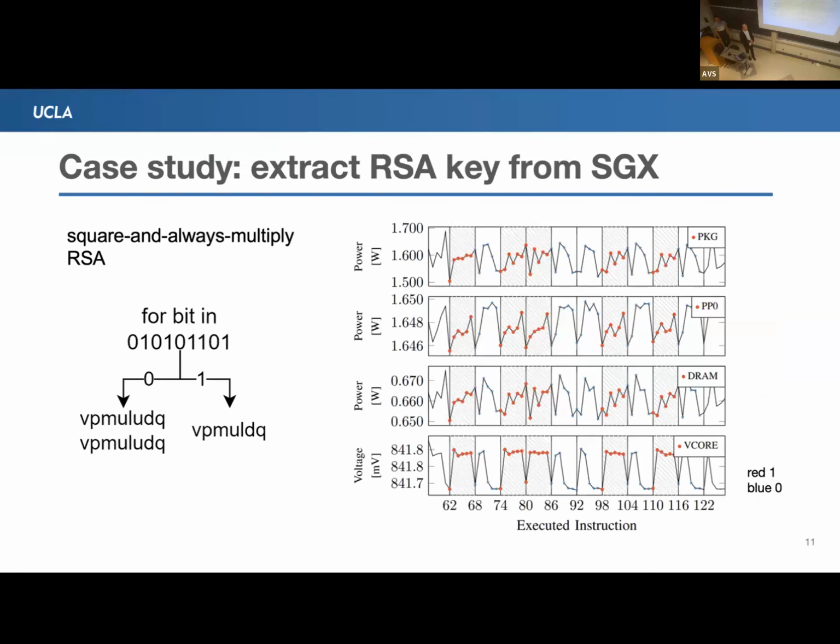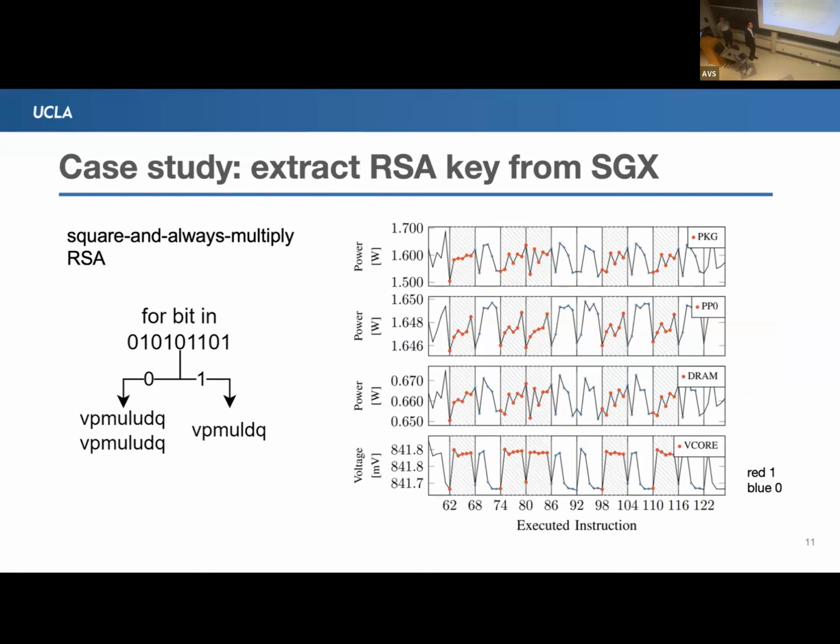Here is a case study of how to extract the RSA key from SGX. For every bit of the sequence, there is a branch that, based on the bit of the sequence, either executes two instructions or one different instruction.